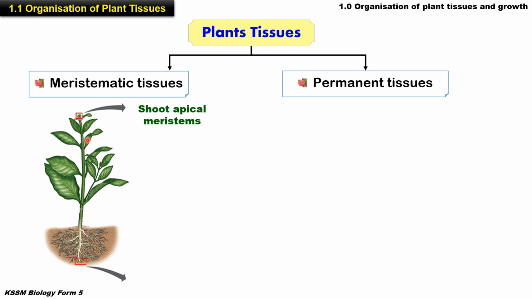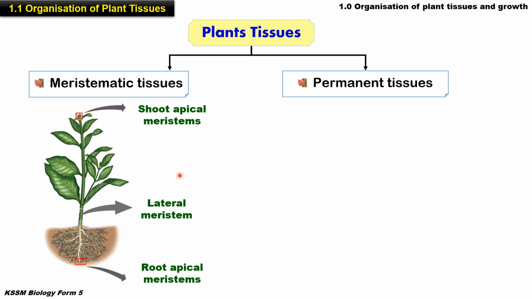This meristematic tissue is located at the shoot and also at the root. For the shoot, it is called the shoot apical meristem. For the root, it is called the root apical meristem. Dua je ke teacher? No, ada satu lagi, dekat bahagian stem, which is called lateral meristem.